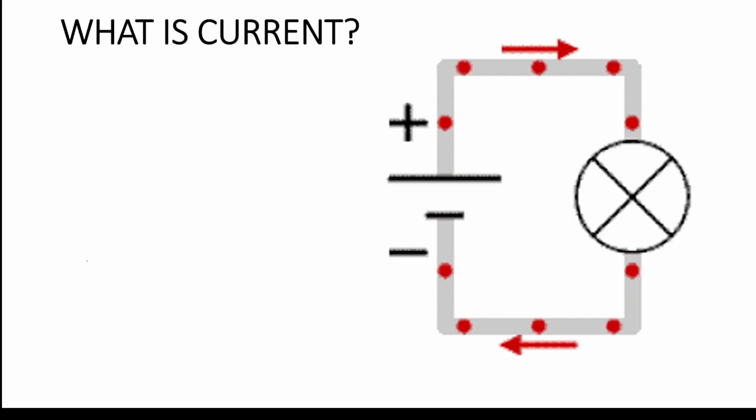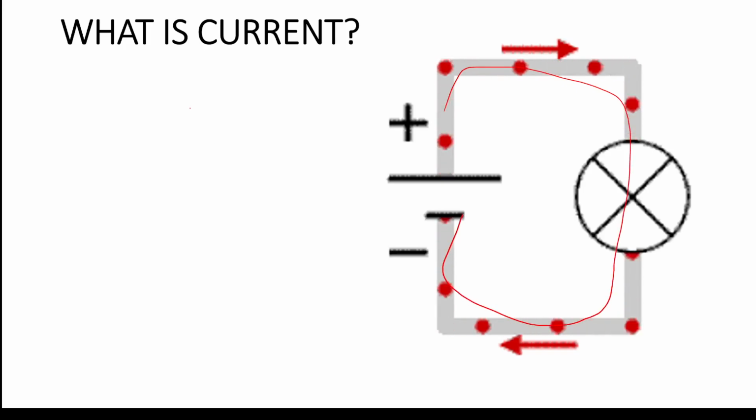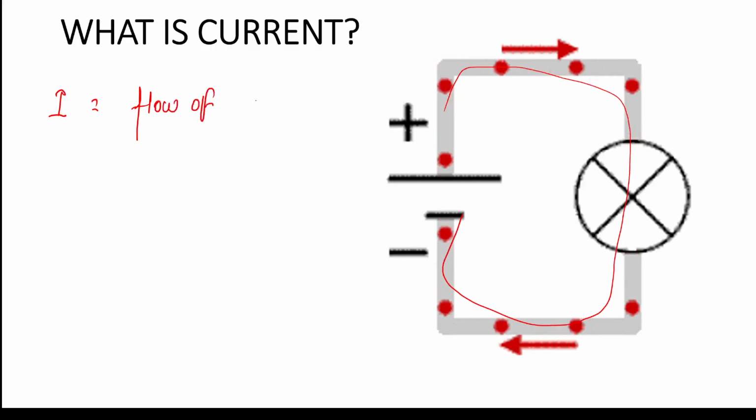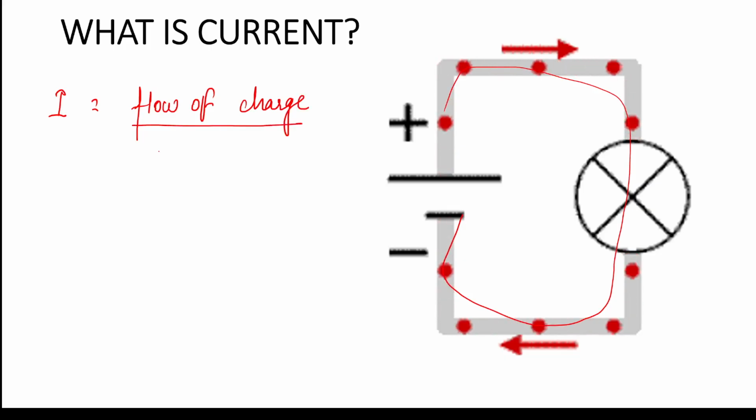Now, what is current then? The red dots in this animation show charge. This flow of charge through anything is called current. And how much time it takes for that charge to flow is also important for measuring current. Current is denoted by the symbol I, and it is flow of charge per unit time, or per second.